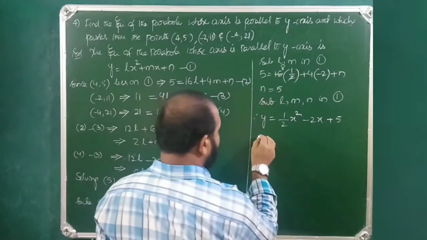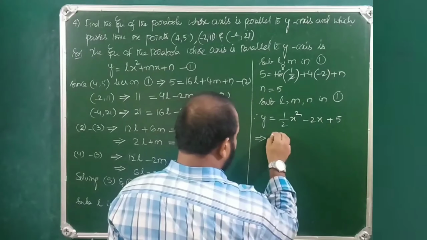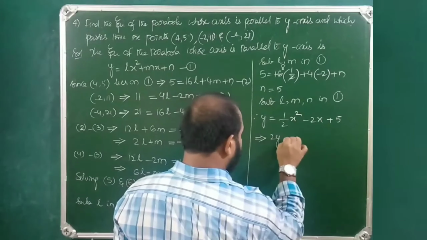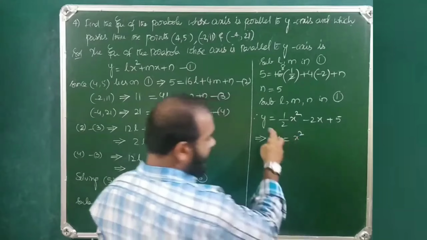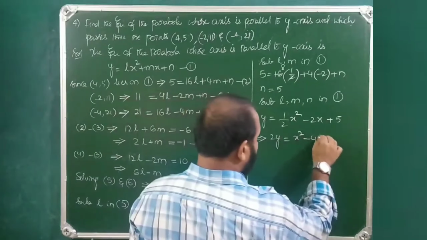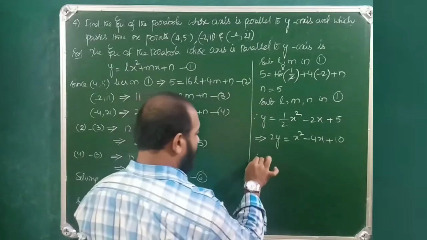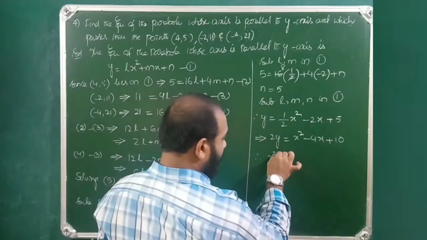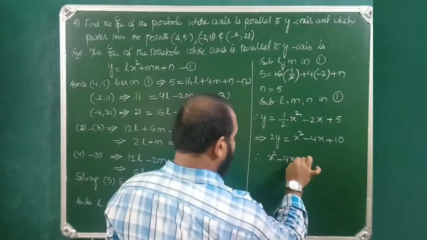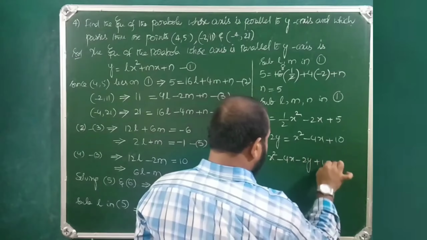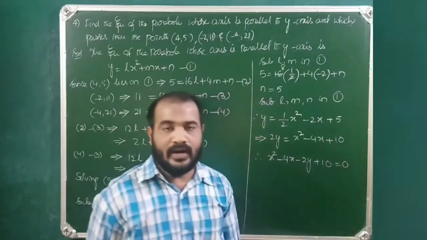This is equal to 2y is equal to x square, taking 2 as LCM, minus 4x, 2 fives are 10. Therefore, x square minus 4x minus 2y plus 10 equals 0 is the required parabola.